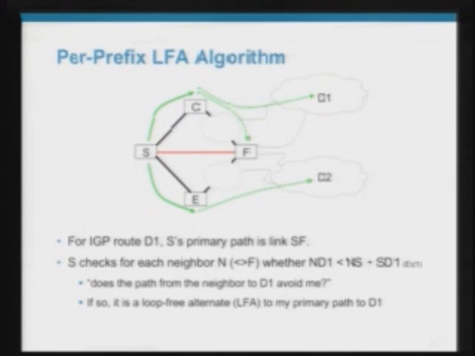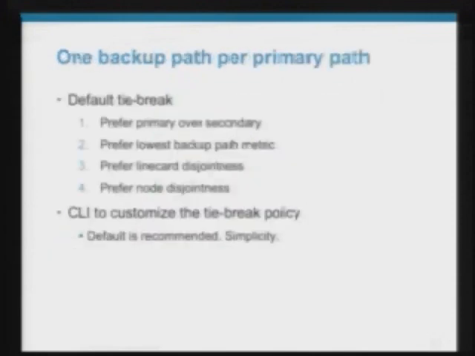Similar question for E. So the router by itself, without needing to communicate with anybody else, creates an alternates table. For each prefix, in addition to the best path, it creates a list of alternates that it believes do not send the traffic back to it. And then it looks at, well, which of the alternates do I send it on?